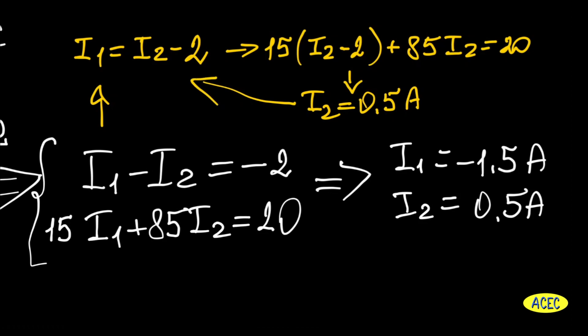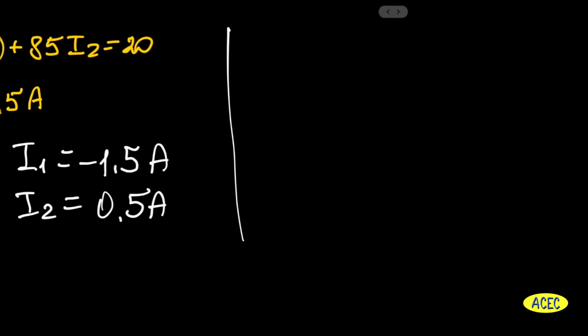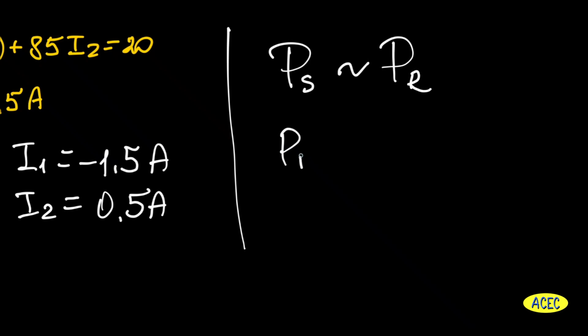Now let's calculate the power budget to be sure that we calculated currents properly. Power budget means power of sources and power of loads comparison. Power of source is the sum of power of voltage source and power of current source.